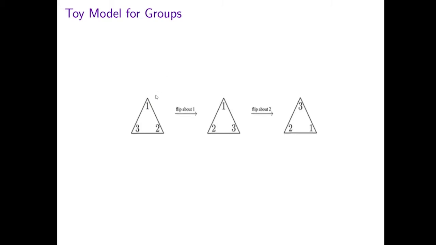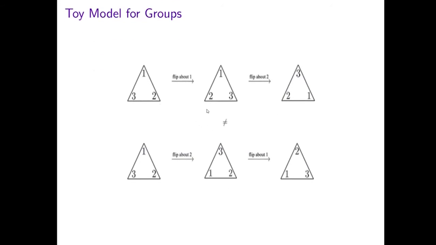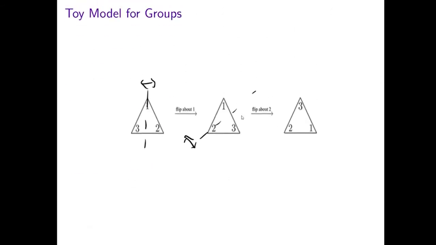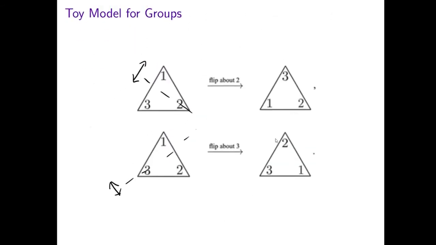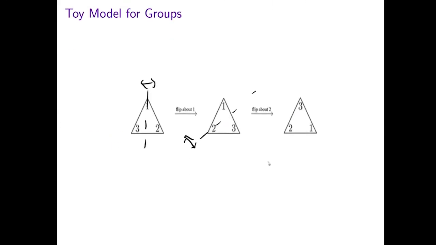Do one action after another. I'm going to flip about 1, which gives me this, and then flip this about 2. This is almost the same as this one right here.